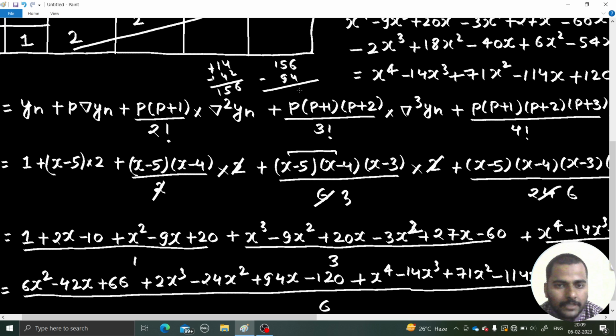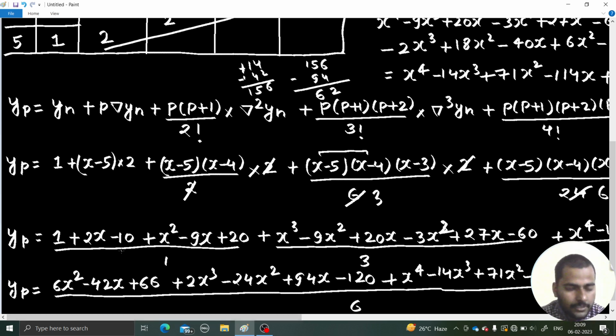You subtract, you're going to get 62. Let's check for the coefficient of x above also.